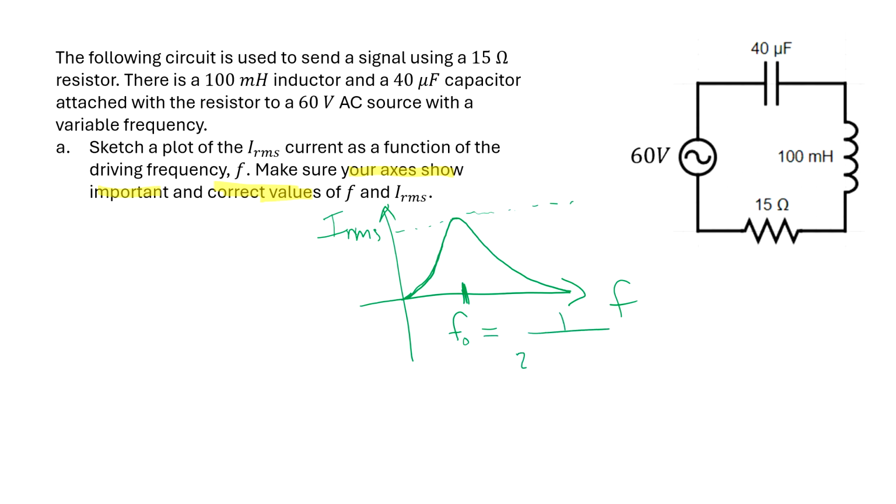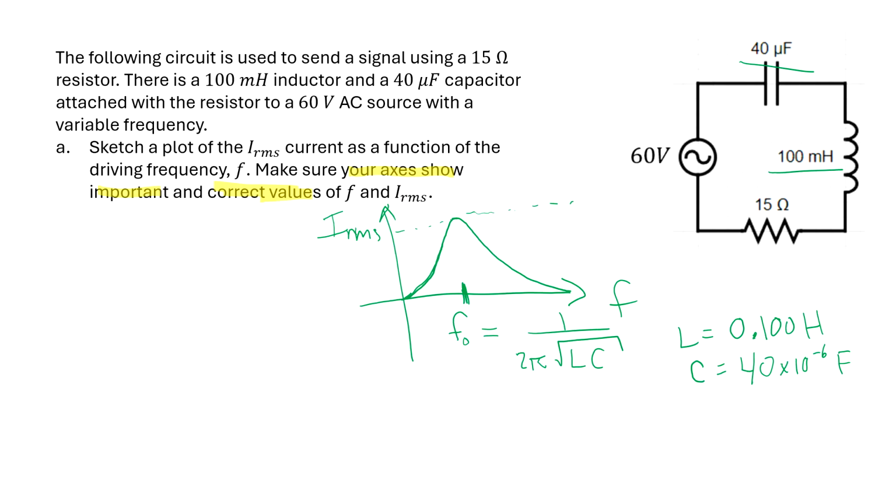That's 1 over 2 pi root LC. L is equal to the inductance of the inductor, which is 100 millihenries, which you can put into SI as 0.100 henries. And C is equal to the capacitance of the capacitor, which is 40 microfarads, or 40 times 10 to the minus 6 farads.